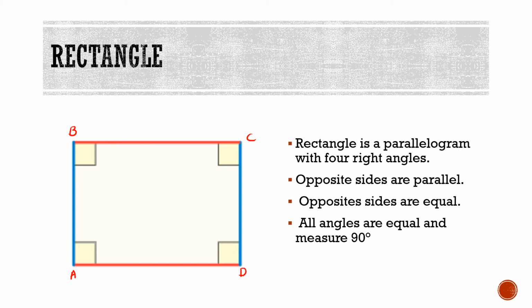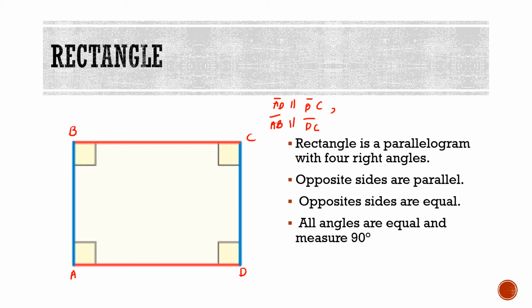Again, the opposite sides are parallel. So we can write this as side AD is parallel to side BC, and side AB is also parallel to side DC. And since they are parallel, they are also equal.